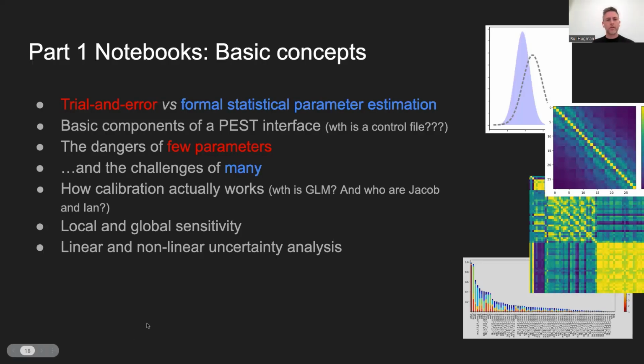How it's getting to a good fit with our measured data, and then stepping into some of the more complex analysis, looking at parameter sensitivities and how that affects your fit, and then going deeper into uncertainty analysis, both FOSM and nonlinear in terms of Monte Carlo. Next slide, please.